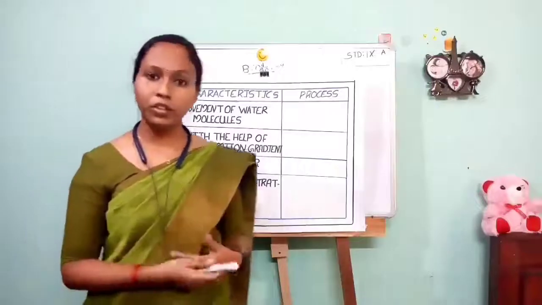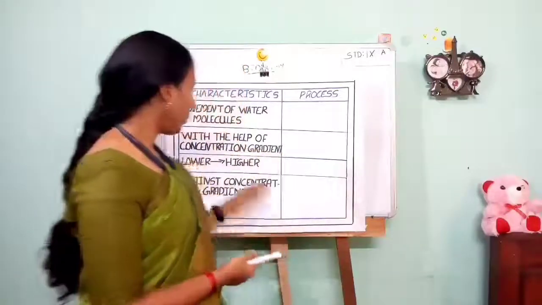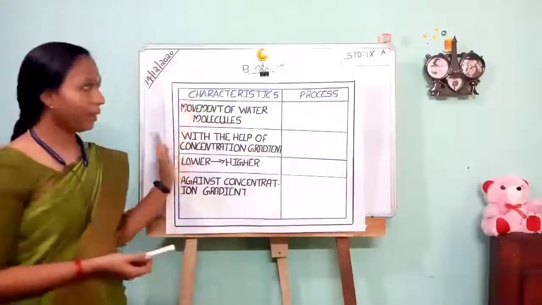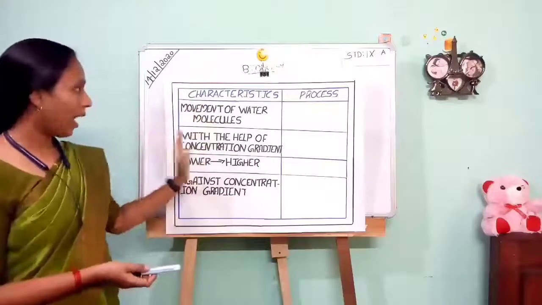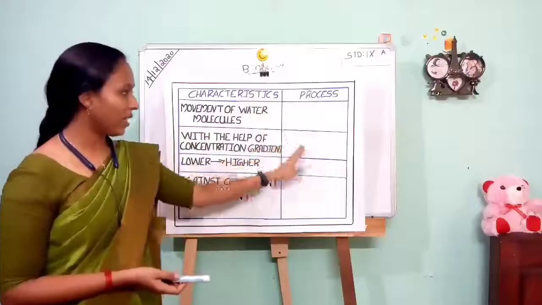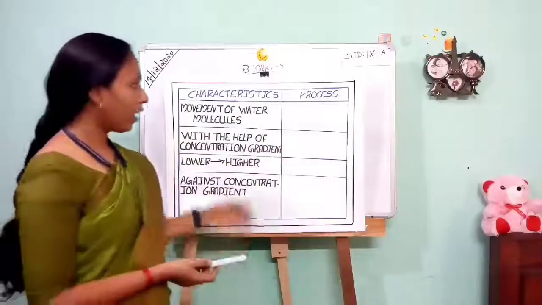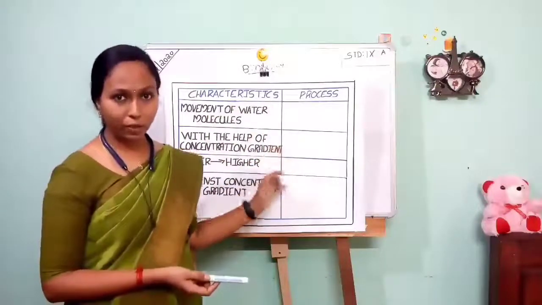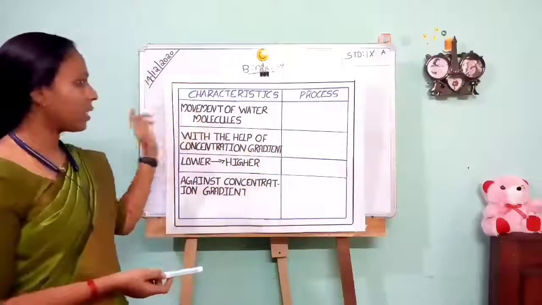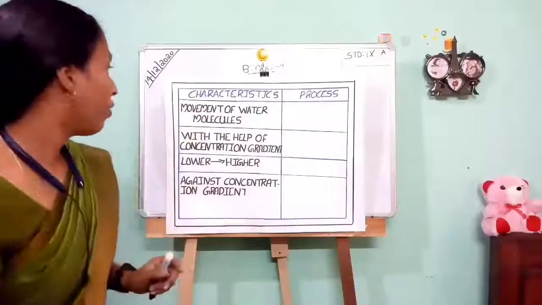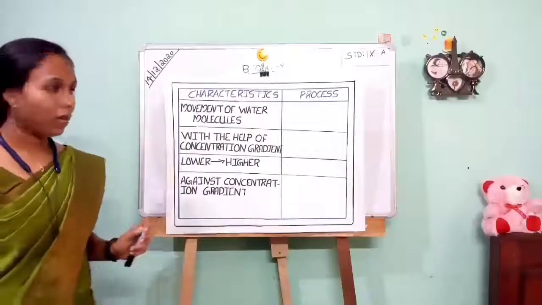Let's conclude today's topic. This table contains the characteristics of process and this portion is blank, and fill this portion by suitable names. First is movement of water molecules.